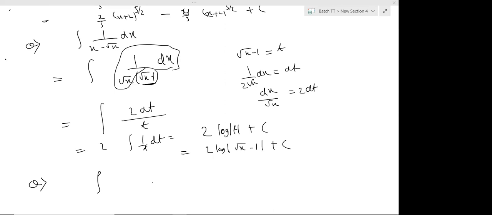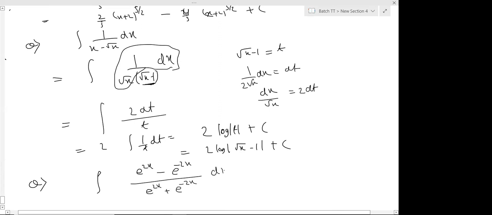Solve the next one. e to the power 2x minus e to the power minus 2x, whole divided by e to the power 2x plus e to the power minus 2x dx.